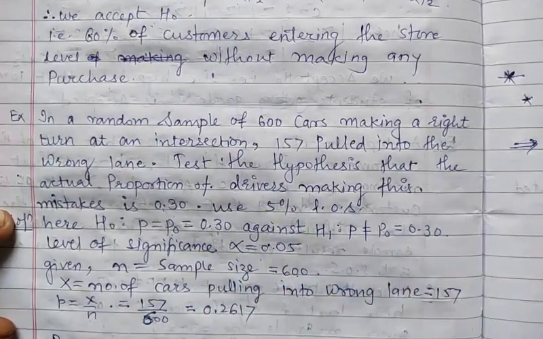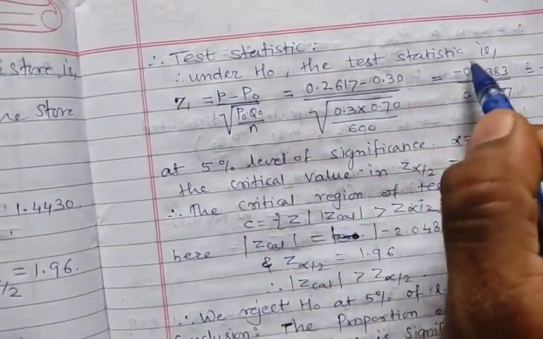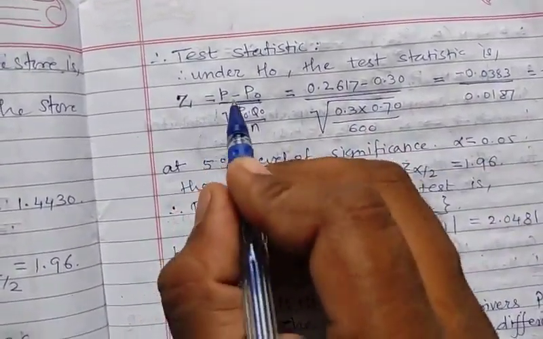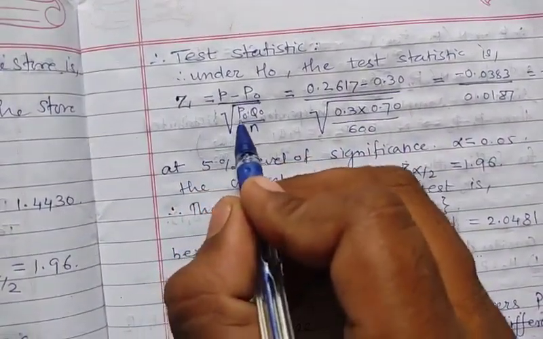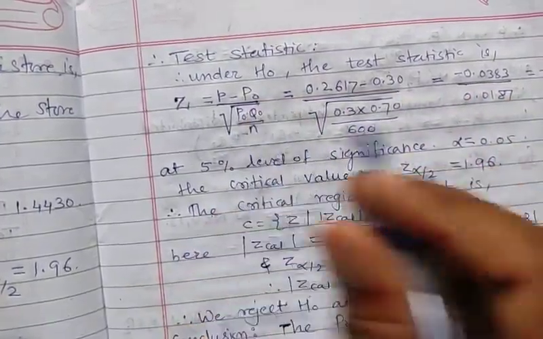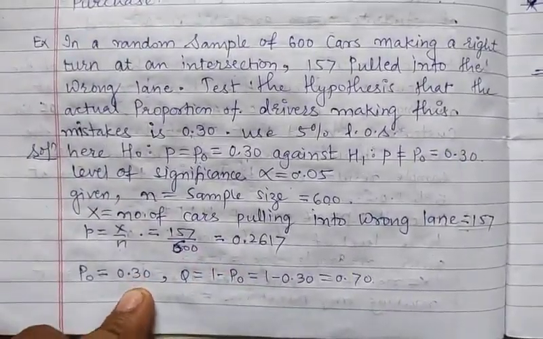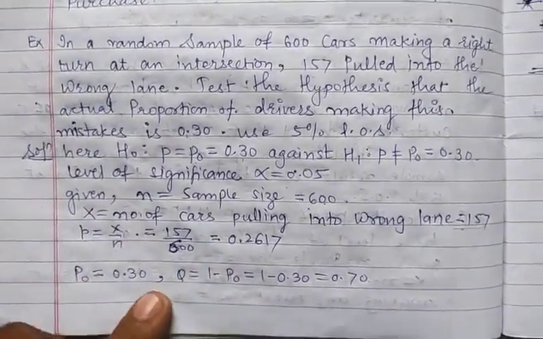Now the test hypothesis has a formula. Under H naught, the test statistic is Z is equal to p minus P naught upon square root P naught Q naught upon n. So value of P naught is 0.30. From this value we calculate Q naught.